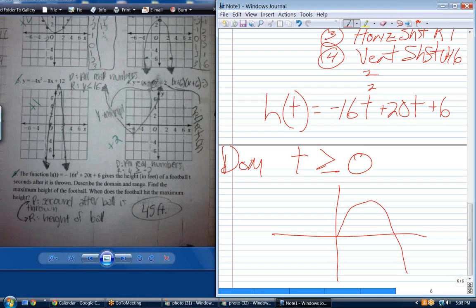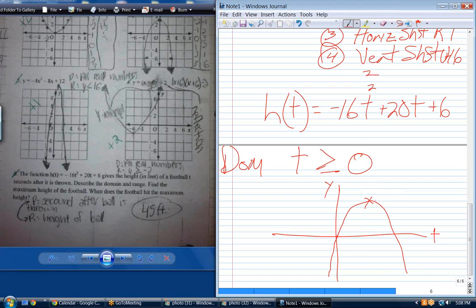Well, basically in order to get the range, we need to figure out the coordinates of that vertex, right? Particularly the y-coordinate. Don't really need the x-coordinate, but I do need the y-coordinate. And in fact, looking at the last question, find the maximum height of the football. Well, that's going to be our range, right? This is the maximum that y can get.